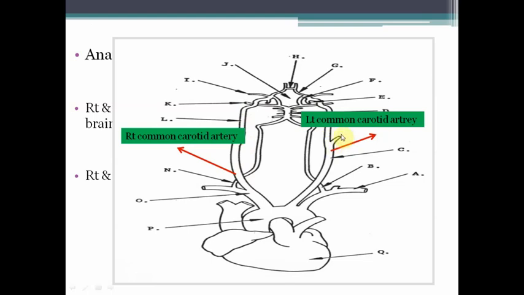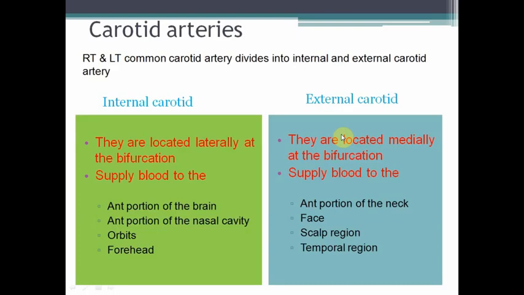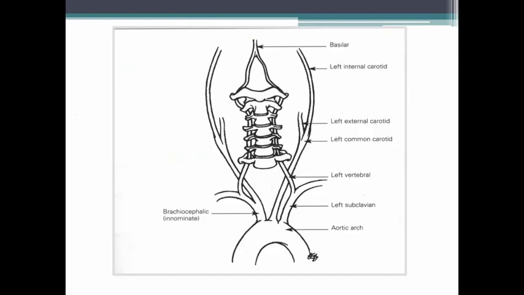External means face, all those parts. Internal means it is going to give a blood supply to the portion of the brain, nasal cavity, orbit and forehead. The external carotid artery gives a blood supply to the anterior portion of the neck, face, scalp region and temporal region.